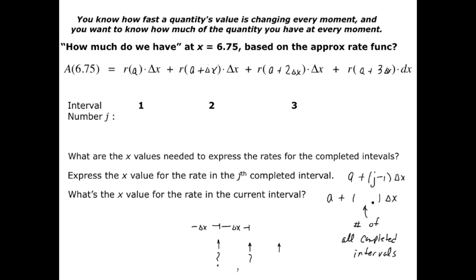So I guess yes. It's not j, because j is changing. j changes from interval to interval, right? j is 1, then j is 2, then j is 3. Anyway, j final? No, it's the number of completed intervals. That's the answer: the number of completed intervals.